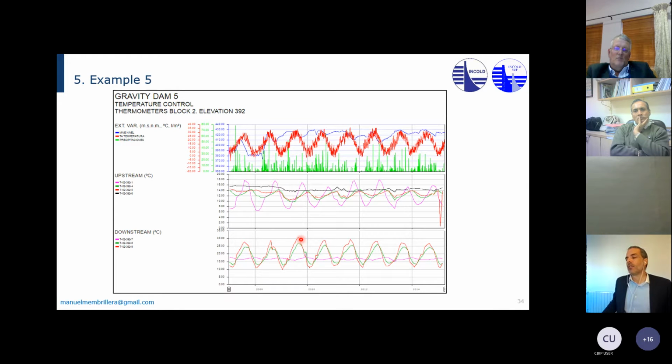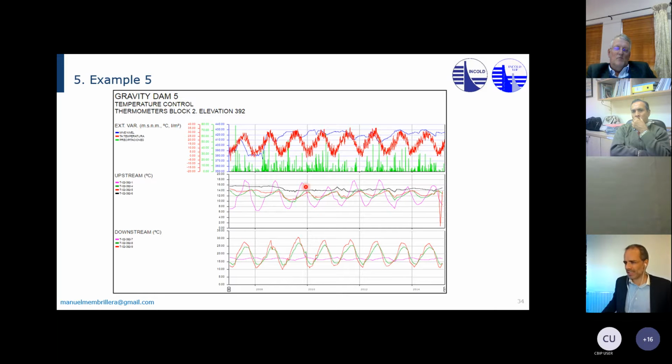And have a look at the temperature, how it's still from the construction. Heat from hardening of the concrete is still dissipating many years after the construction has ended. So you see it's 2015 and you can see this trend in the thermometers and you can see it's still going down. So heat is still dissipating many years after the construction.